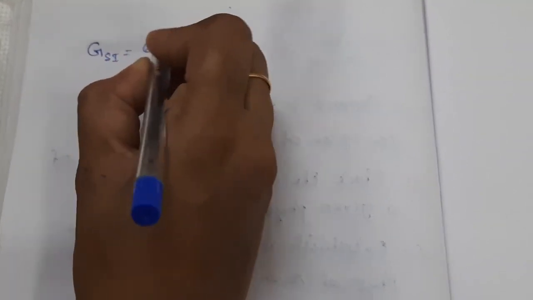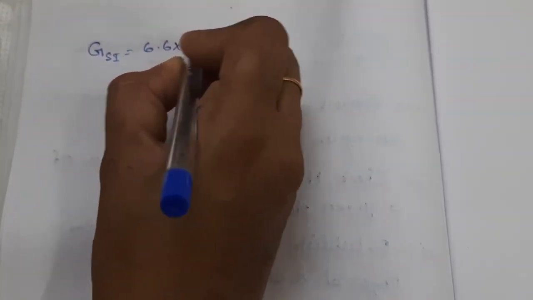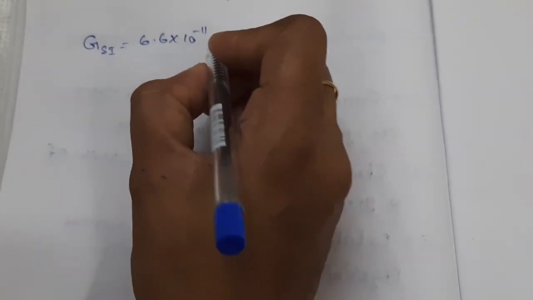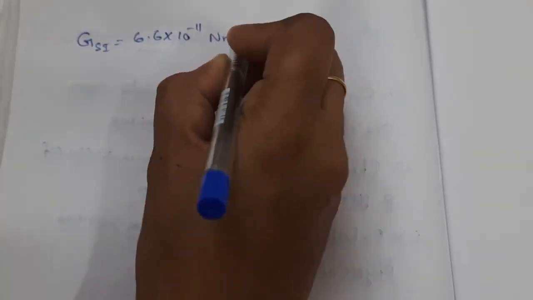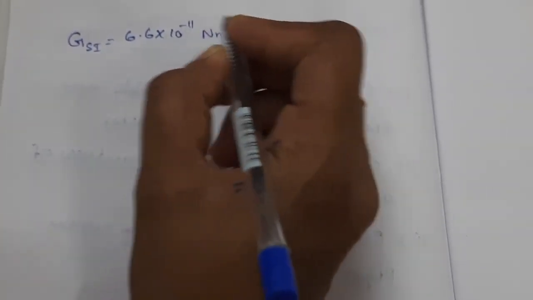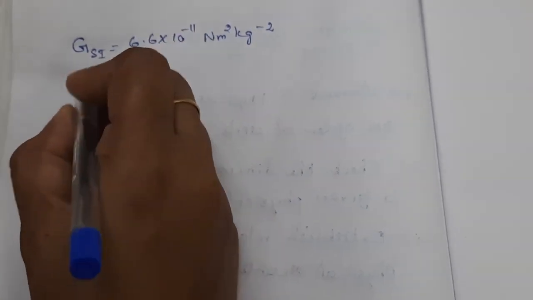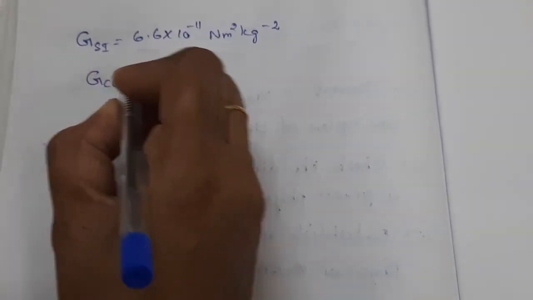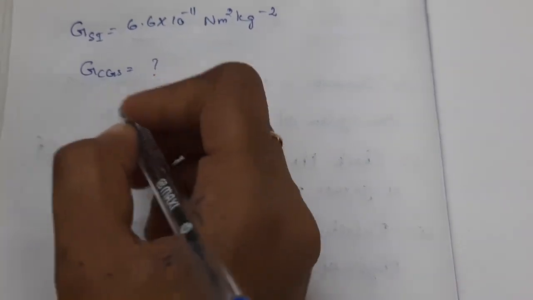G_SI value is 6.6 into 10 power minus 11 Newton meter square kg raised to minus 2. G_CGS value we have to find out.